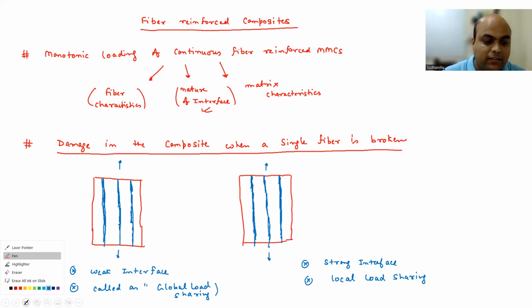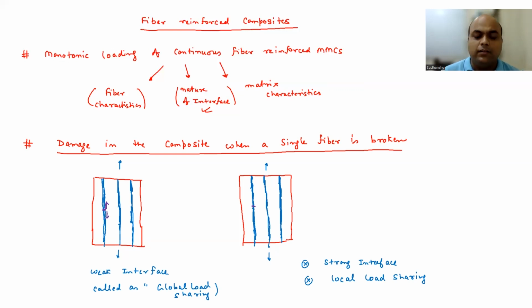So the first one is weak interface. What does it mean? Suppose you have fractured the fiber. Let's say this fiber is fractured here, and here also let's say this fiber is fractured, the purple one. As soon as in the weak interface the fiber is fractured, you are going to see debonding because your interface is weak.